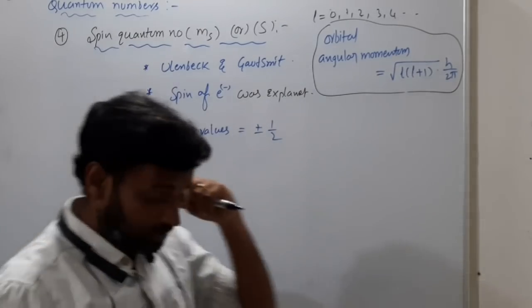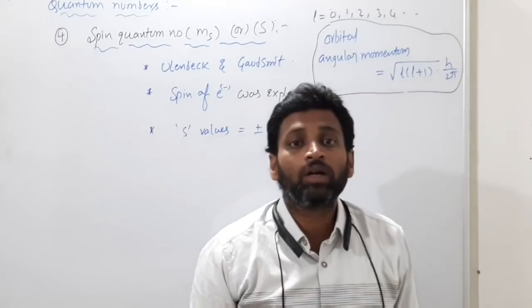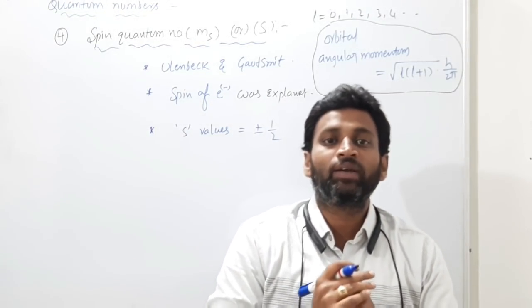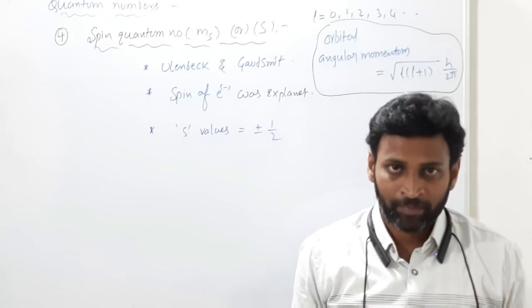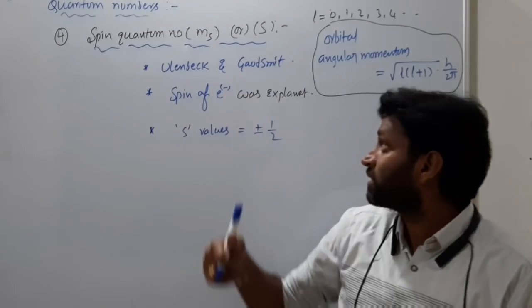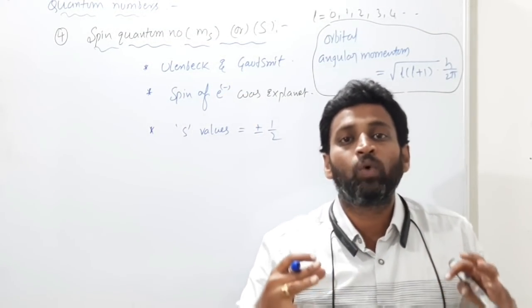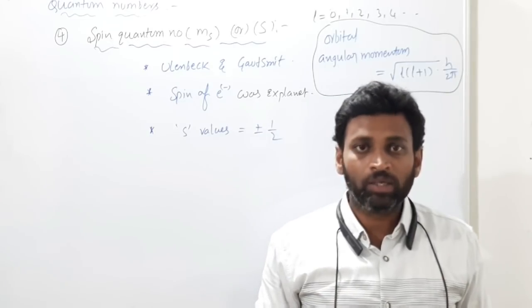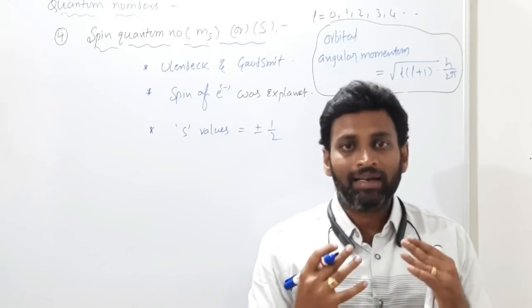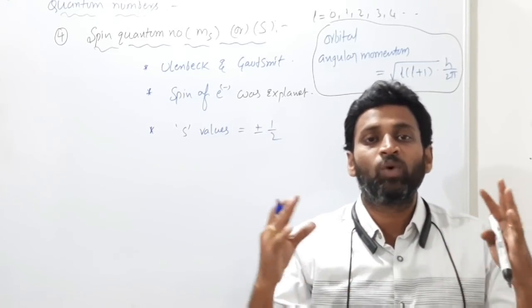What Uhlenbeck and Goudsmit explained was the spin of the electron on its own axis.